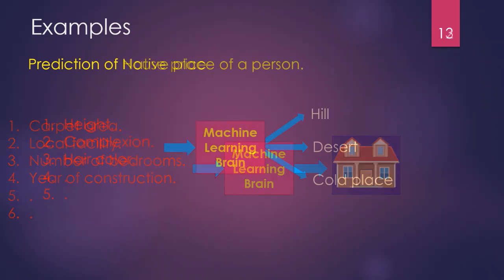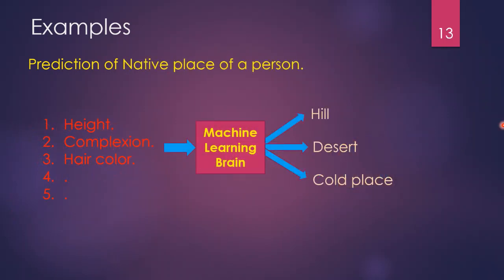Let's take one more example here. We can try to predict the geographical region of a person based on several features like height, complexion, hair color, and many more.